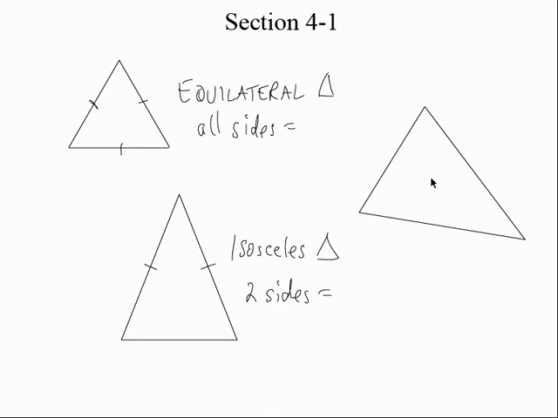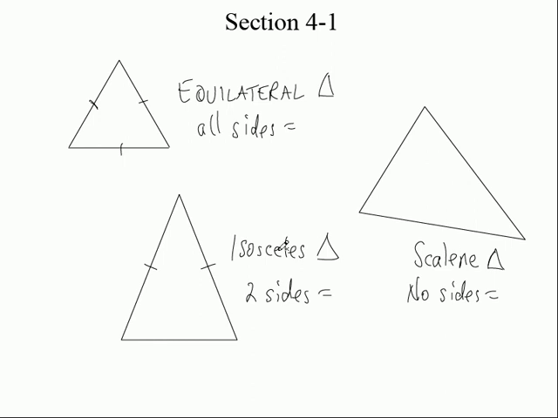So none of these sides are equal to each other, and they call these scalene. We don't use this very often because there's really nothing special about it. It's a scalene triangle, and it means no sides are equal to each other. So there's no tick marks because none of the sides are equal to each other. With me on that? All right.